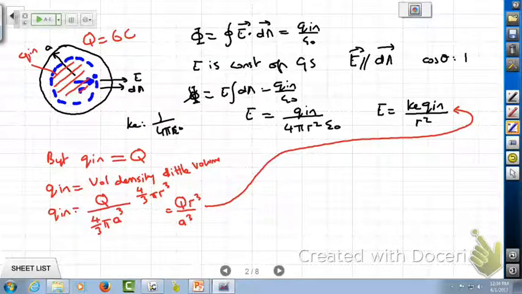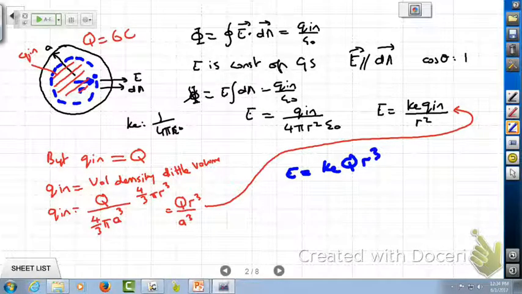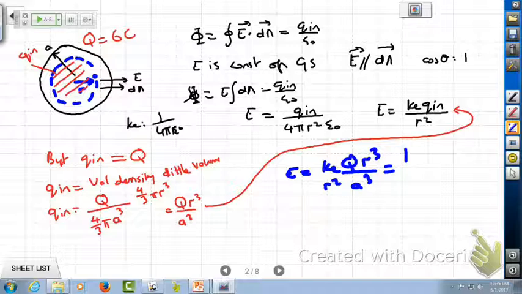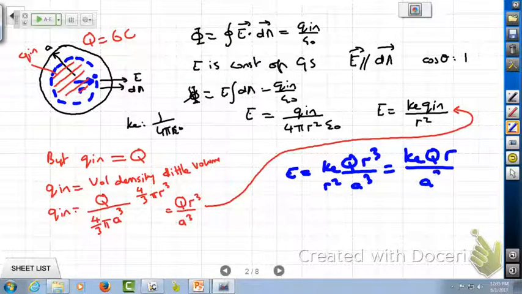I substitute that in there. And then in that case, E is equal to KE Q R cubed over A cubed times R squared, which equals KE Q R over A cubed. So there's my answer. And now you can substitute numbers in.